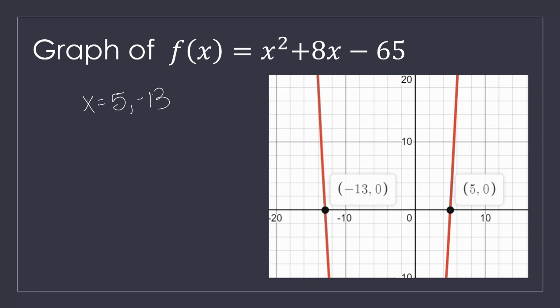Where the graph crosses the x-axis, y is 0, and that gives us a lot of information depending on what our situation is. A lot of times we talk about trajectory with quadratics. We want to know when the ball hits the ground, or when the bullet hits the target, or whatever it might be. And so a quadratic will give us that information.